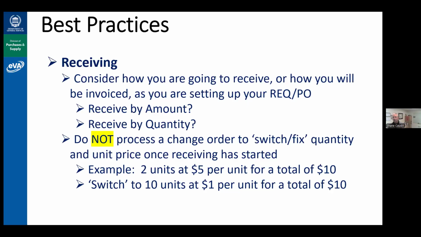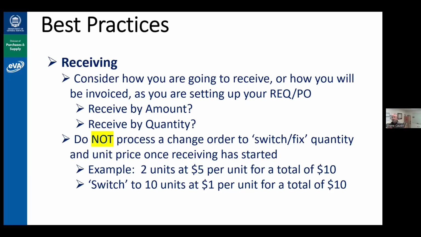Once you've made a decision and gone down the path, and maybe you're doing partial receiving, you got 5 of your widgets, a quarter of the service, a couple hours, a couple hundred, a couple thousand dollars, whatever the service has been performing, you've started receiving. Don't go back and switch it with a change order, because if you need to do that, I need you to back out every single receipt you've done. You need to reset yourself to 0 before you make those types of changes.